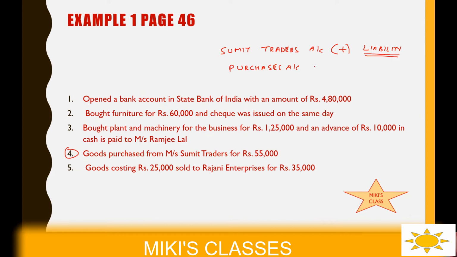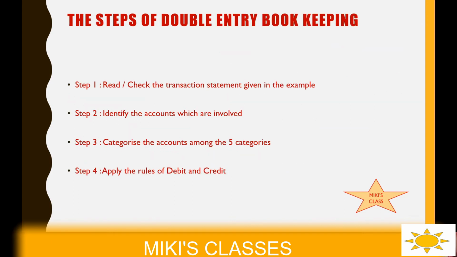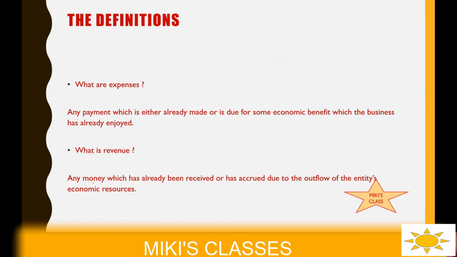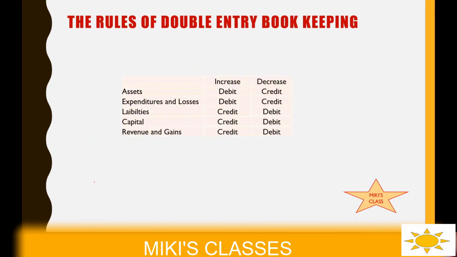Purchases account, we've already categorized this as an expense. Now we have to go to the final slide and apply the rules of debit and credit. So let's go to the final slide.